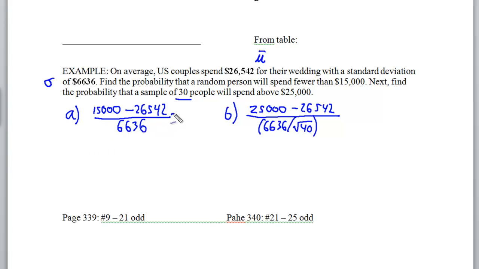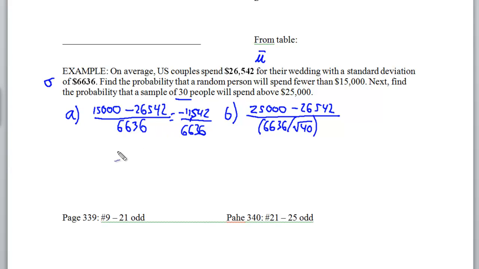Doing this, the numerator is going to be negative 11,542. And the denominator is going to be 6,636.